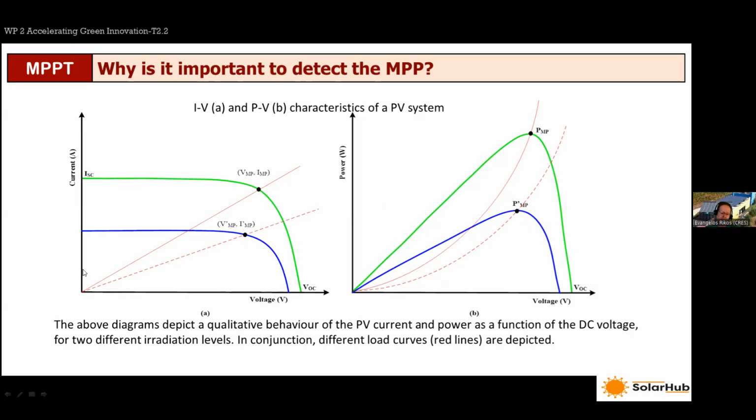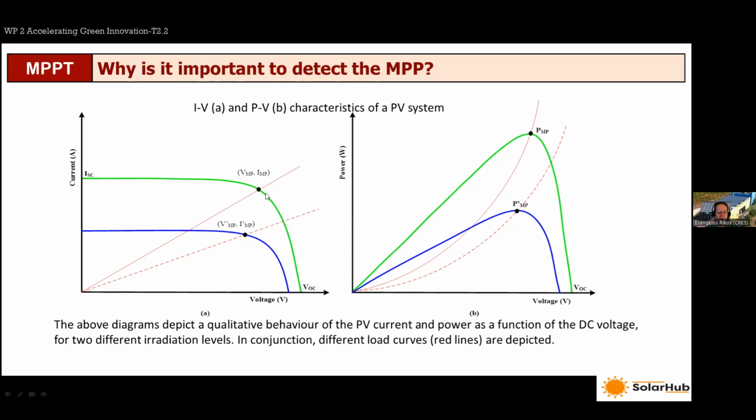The load, whatever that load is, is it a power converter? Is it just a battery or whatever we could connect to the photovoltaic system? It can be represented in this diagram as a straight line here, a current function versus voltage, right?